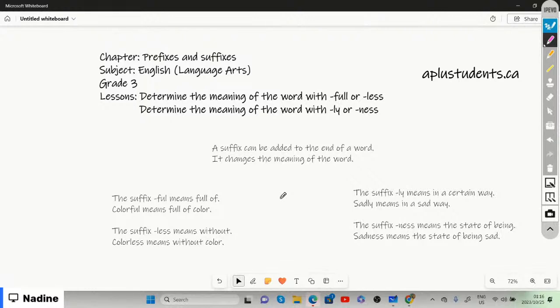And then we have the suffix ness. The suffix ness means the state of being. And sadness means the state of being sad.